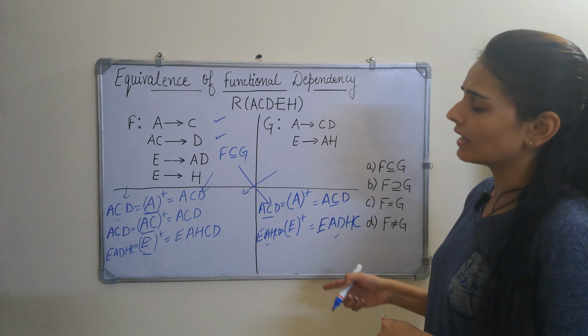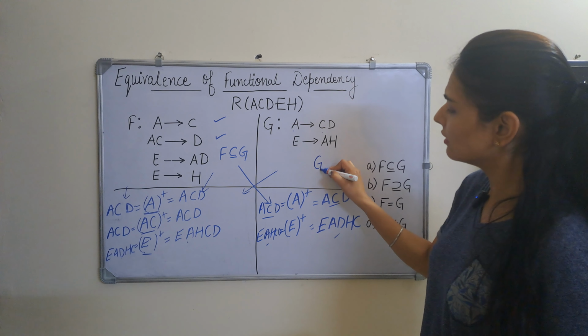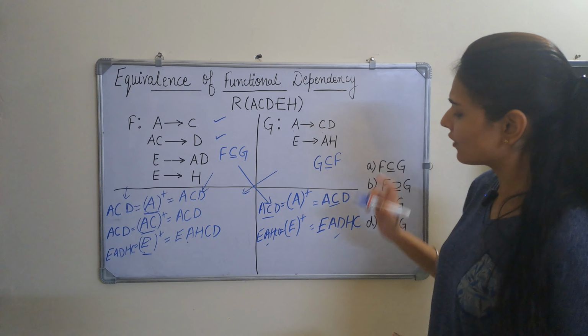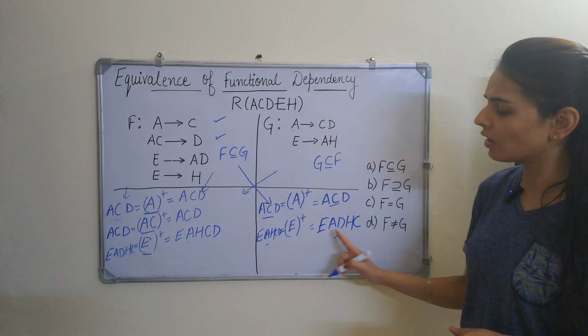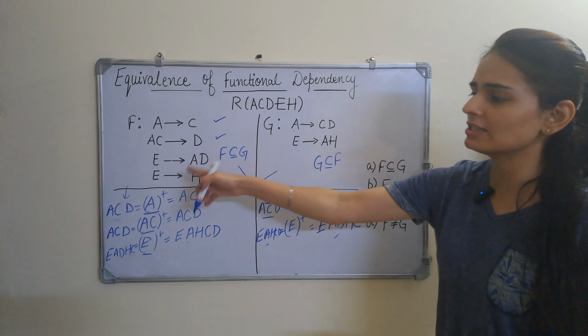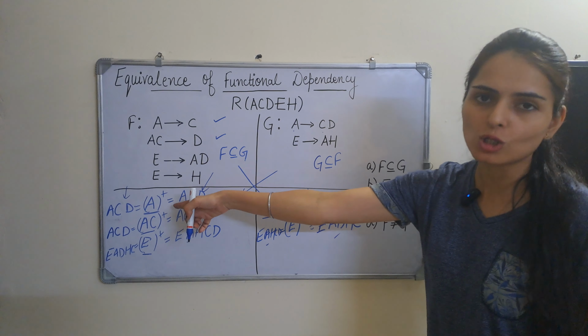So with this we can say that G is a proper subset of F, because whatever we could find out with this set of functional dependencies, we could also find out with that set. And we know that if F is a proper subset of G and G is a proper subset of F, that means F is equal to G.